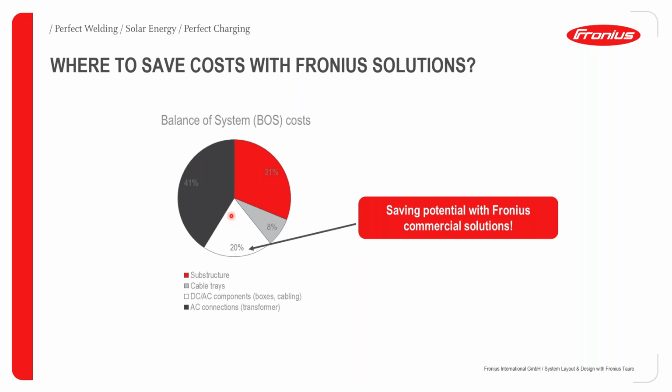A Fronius Tauro will really target this 20% of your pie chart, your DC and AC components. We can target the DC and AC combiner boxes, and also your DC and AC cabling, in order to reduce that 20% of your balance of system costs.